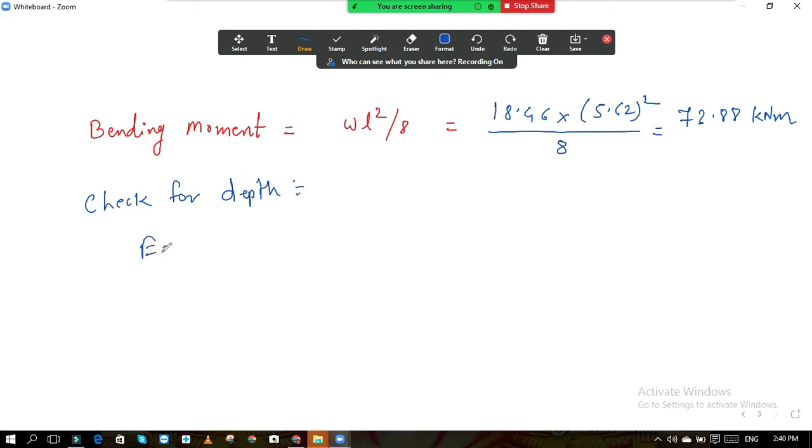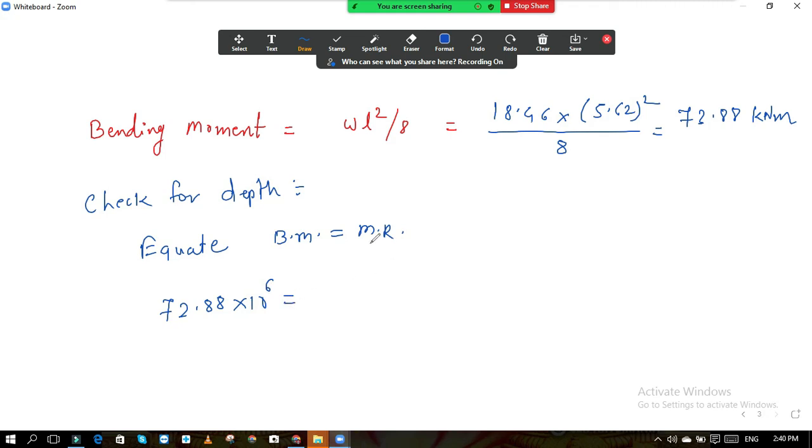We will equate bending moment to MR, the moment of resistance. What is the maximum bending moment? Just now we have calculated 72.88 kilonewton meter, so 72.88 into 10 raised to 6 Newton mm.